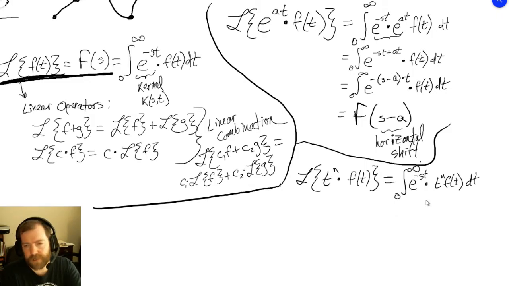In this particular case, I don't really have a good derivation for it. However, the idea is that we would essentially have to do integration by parts n times until this eventually works its way down to no t's left over.